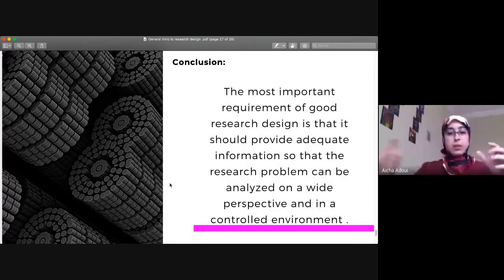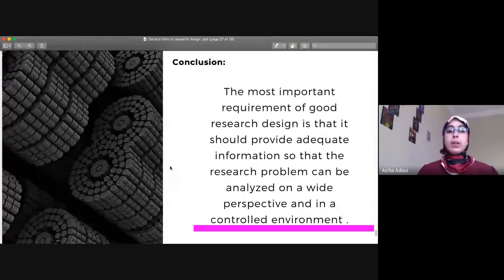Again, there is a very simple logic behind research design, which is, again, similar to Bloom's taxonomy. It's going from lower order thinking to higher order thinking in order to conduct your research in a much more controlled environment.